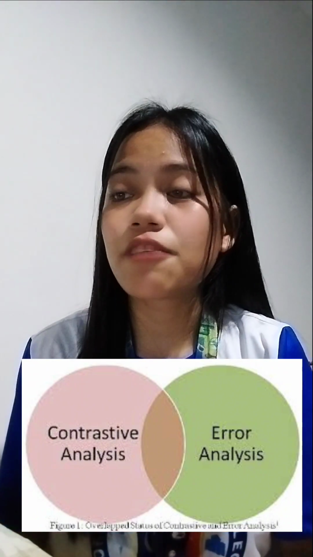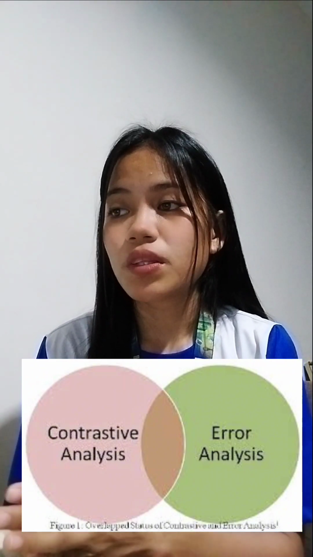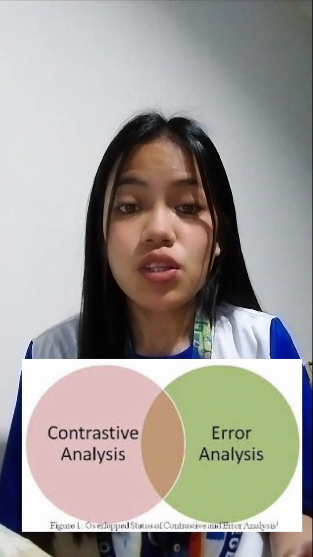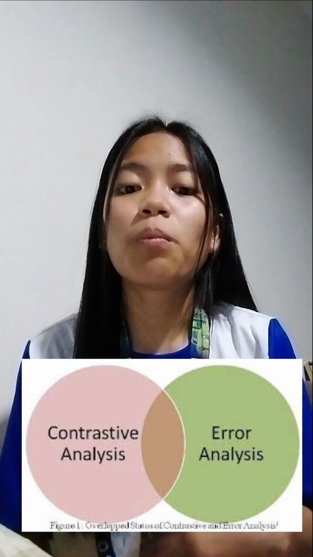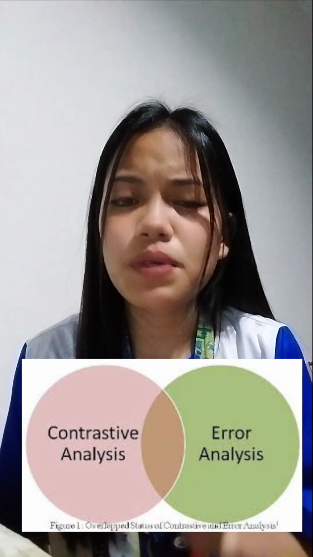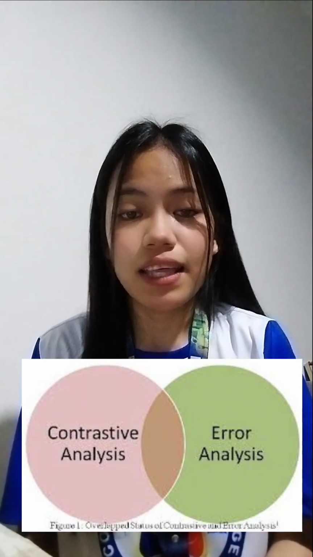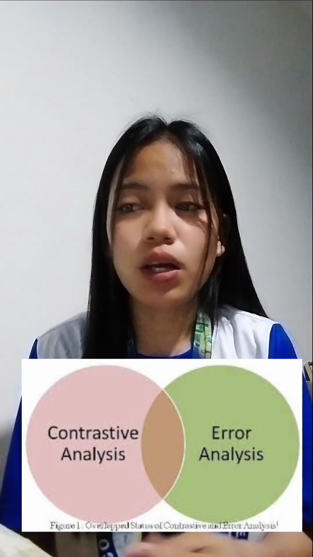So while CA emphasizes structural comparisons between L1 and L2 to inform language teaching materials and methodologies, EA focuses specifically on learner errors and their implications for language learning.